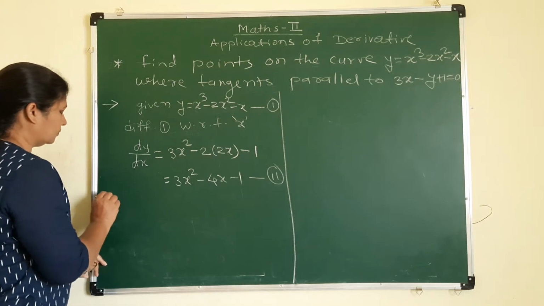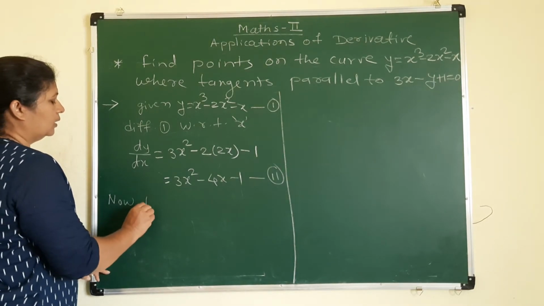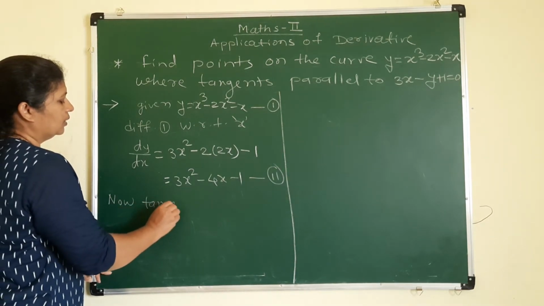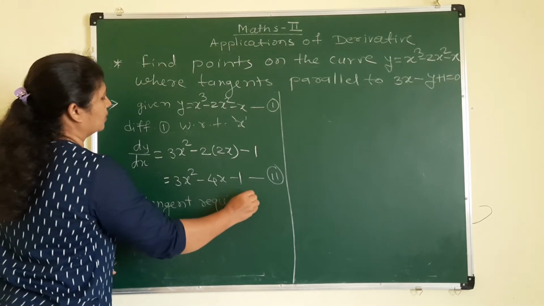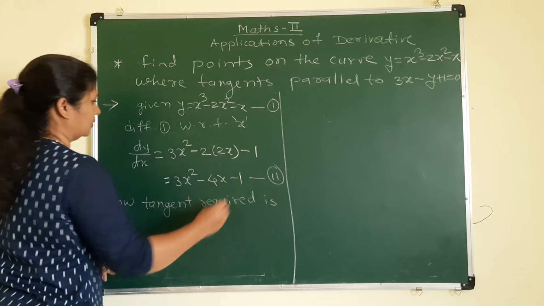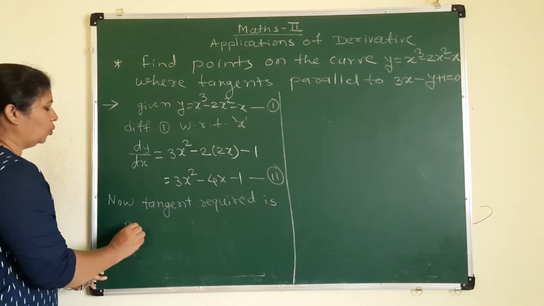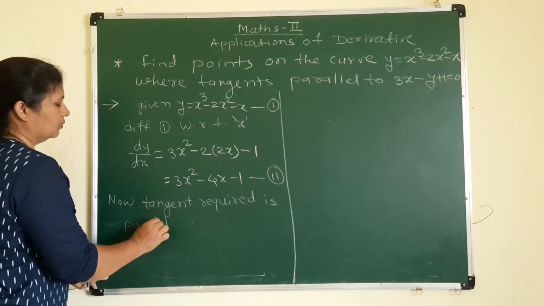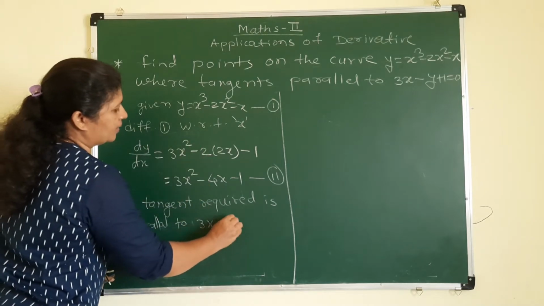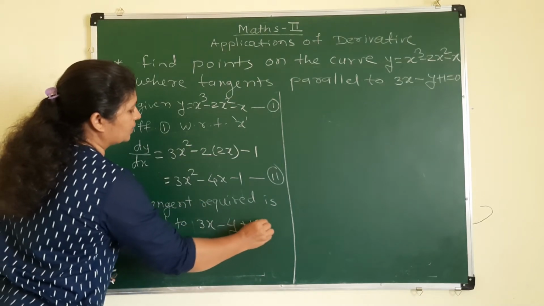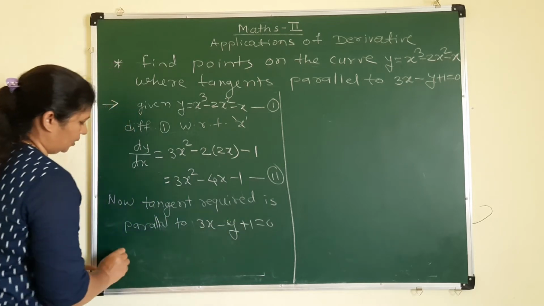So now the required tangent is parallel to the line 3x minus y plus 1 is equal to 0.